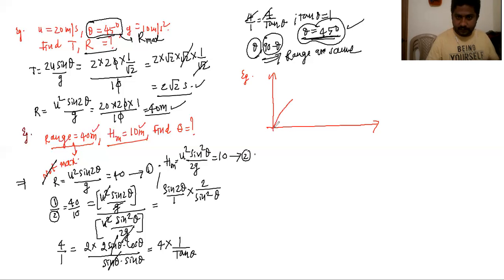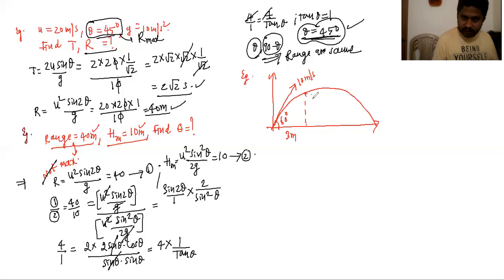So here there is an angle of projection 60 degrees and it is thrown up with a velocity 10 meters per second. Find its height above the point of projection when it is at a horizontal distance of 3 meters. So imagine the particle is at a horizontal distance of 3 meters.